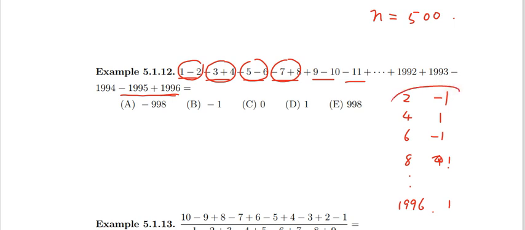Okay, so this is 0, this another 0. So we need to find, so what is the relationship?